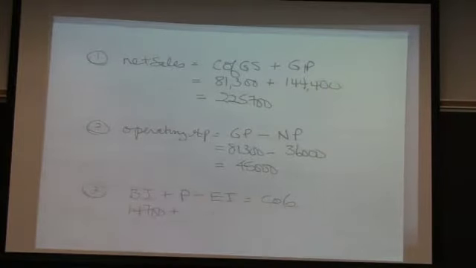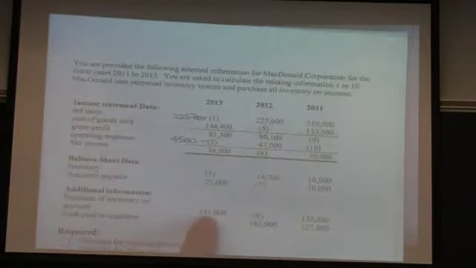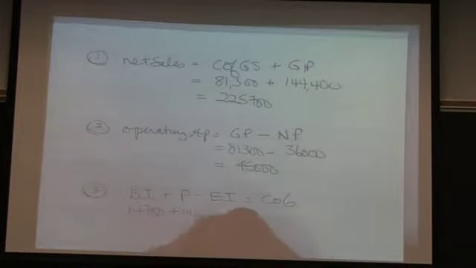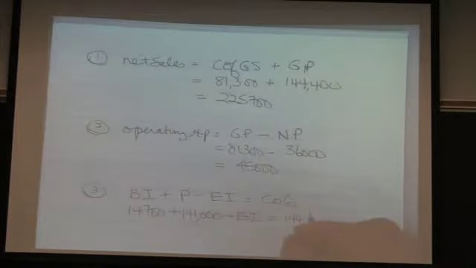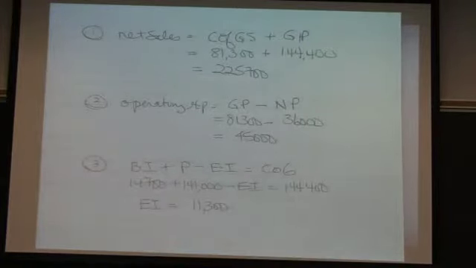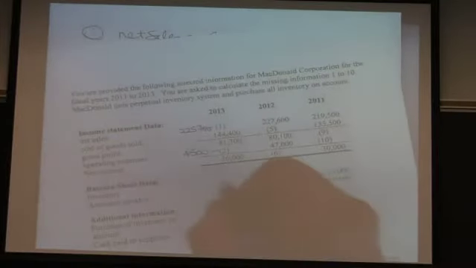We do know the purchases. Purchases on account was 141 minus ending inventory. We do know the cost of goods sold that was given to us at 144,400. So solve for ending inventory. Ending inventory is 11,300. So we know that this is 11,300.